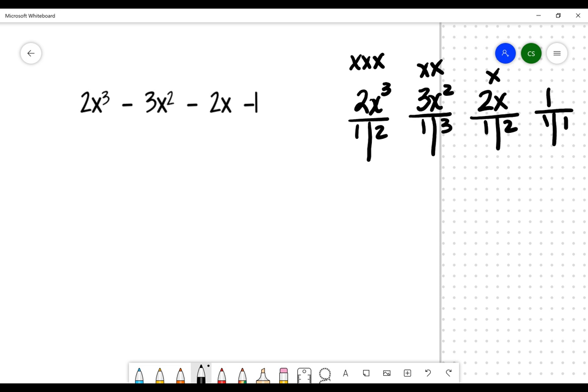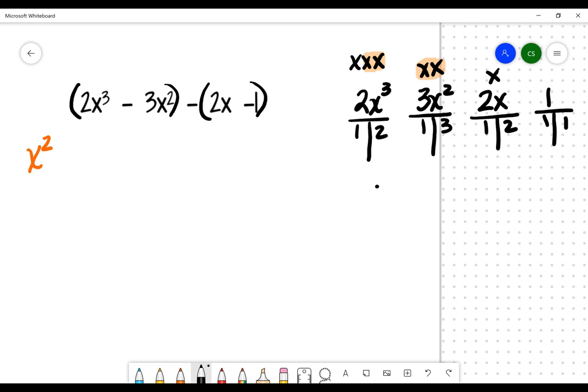So the greatest common factor that they all share is 1. Therefore, I need to group this into 2 binomials. Well, my greatest common factor between 2x cubed and negative 3x squared is 2 x's. Therefore, I can factor out x squared.